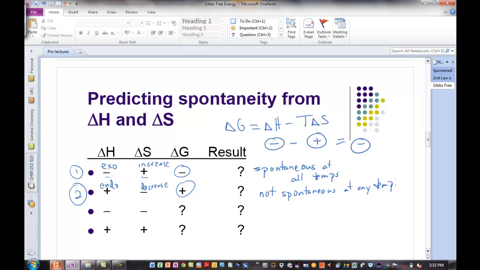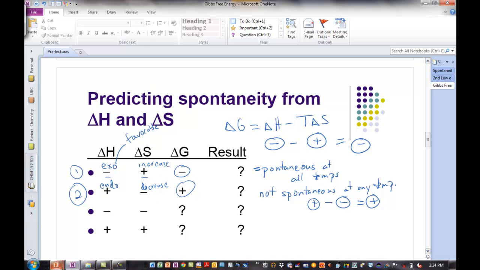One way I encourage you to think about this is in terms of the sign convention. For this one, with a positive delta H minus a negative delta S, we will always get a positive delta G. So you can always do it by sign convention, but in some ways I'd like you to think about it in terms of favorability. We think of reactions that release heat, exothermic, as being favorable.